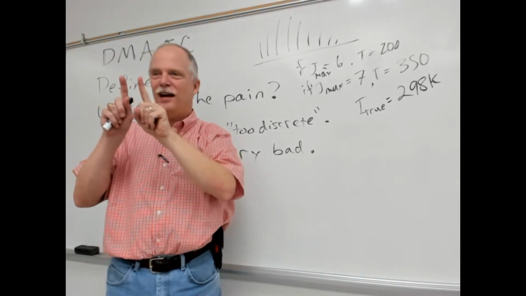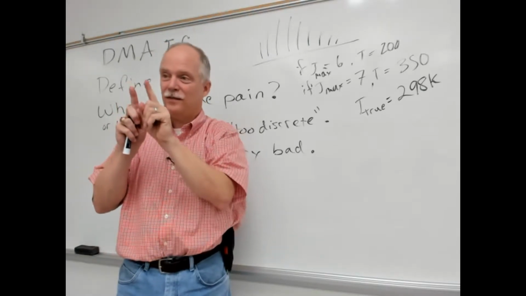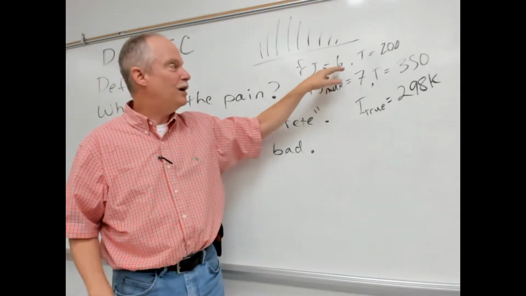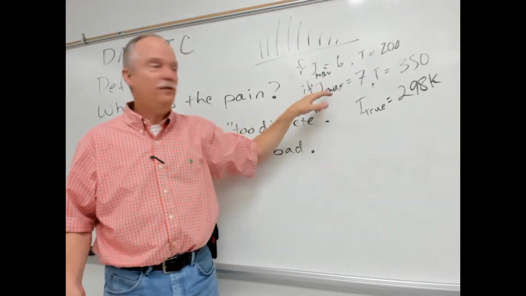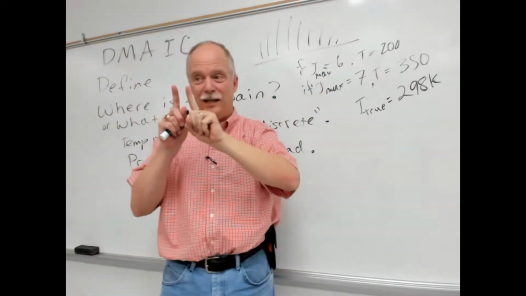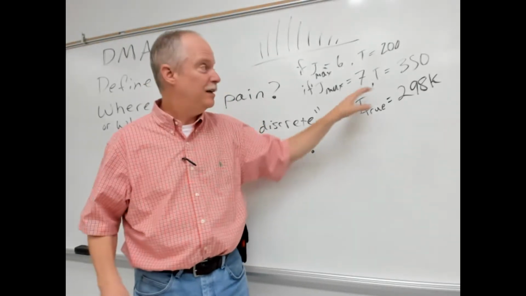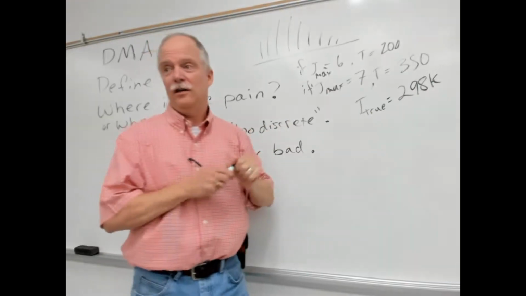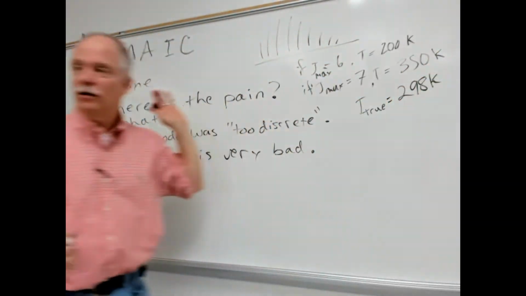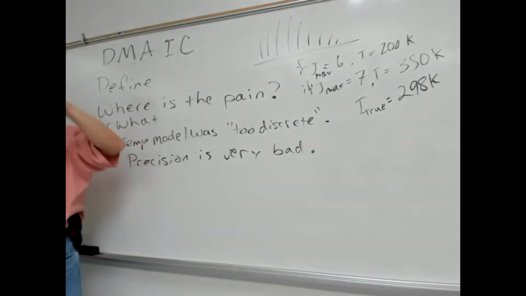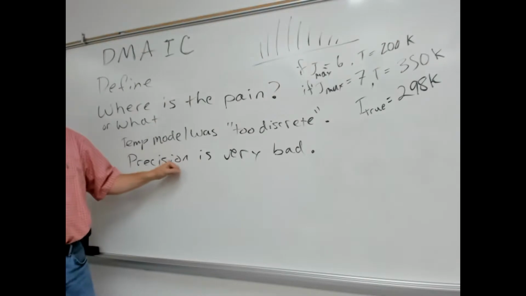If they're very equal, you might say, well, it might be 6, it might be 7. So what if it's 6? What's our temperature? 200 Kelvin. What if it's 7? Because we can't really tell. 350 Kelvin. So this is a problem with our system, our way of measuring temperature, because precision is very bad.